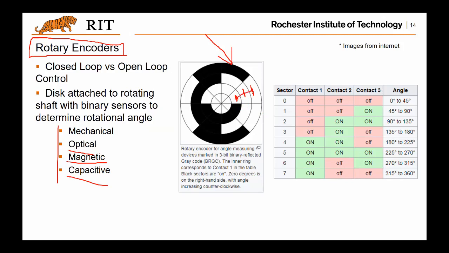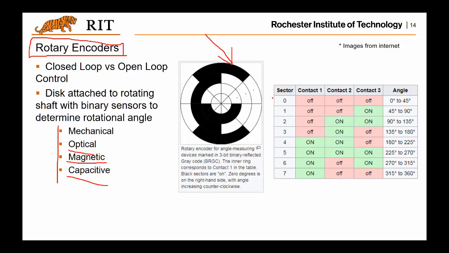By combining the three, you will have 8 different combinations, right? This gives you the bit. If you ever learned any programming, you know a bit gives you 2 states, either 1 or 0. But if you have 3 bits, just like the case here with these 3 sectors, it gives you 8 different combinations.